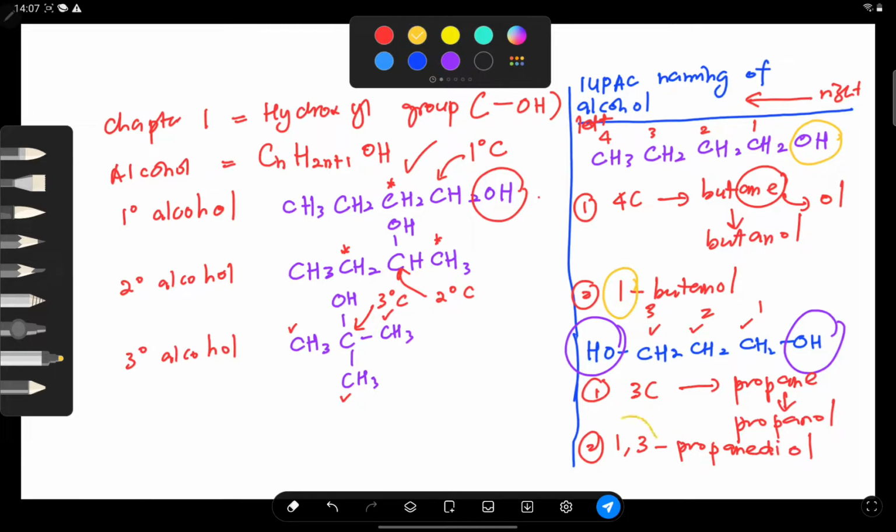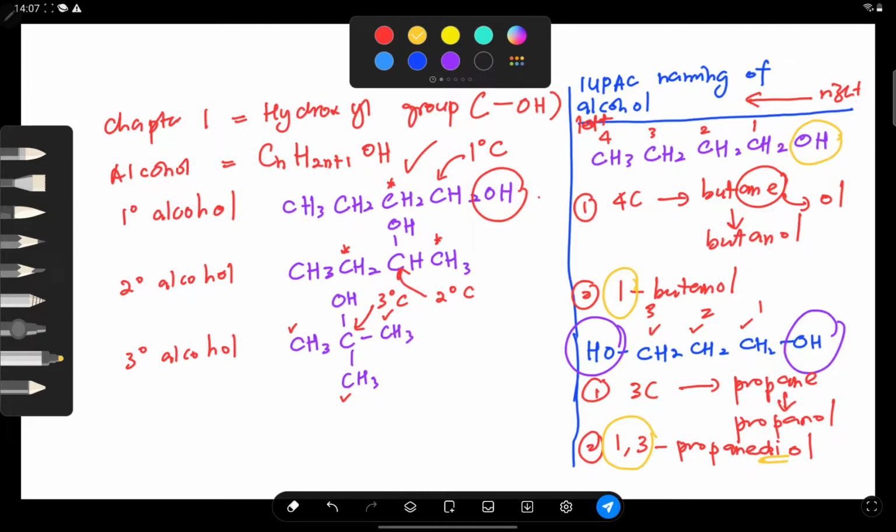So 1 and 3 are the locations of the hydroxyl groups in the structure. Why do you put di? Because there are 2 hydroxyl groups in the structure. You need to put di. If you observe 3 hydroxyl groups in the structure, you need to put tri.